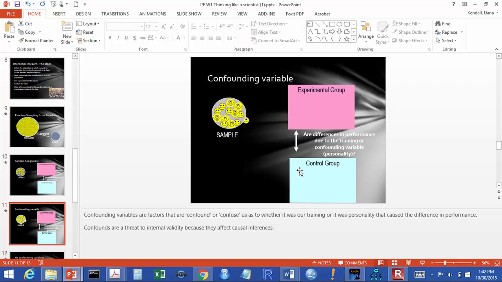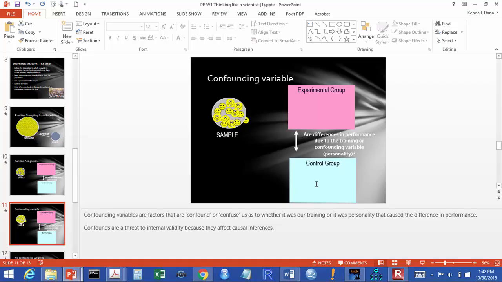For example, people who are already sociable and agreeable and who have maybe fine people skills already are the ones who are attracted to going to training, so they're all going to go to this group. And then those who are more shy and just don't care as much, perhaps, or maybe they were too busy, etc., are the ones who are not going to sign up for the training.